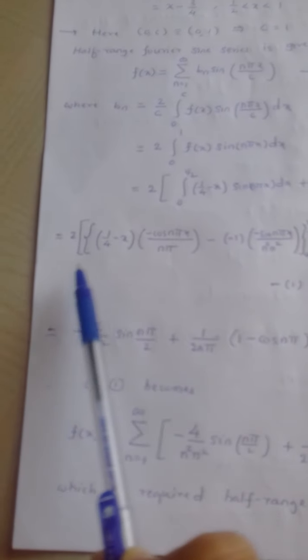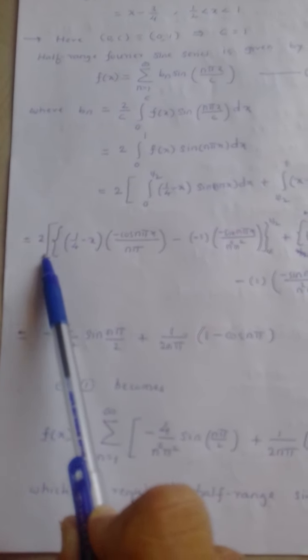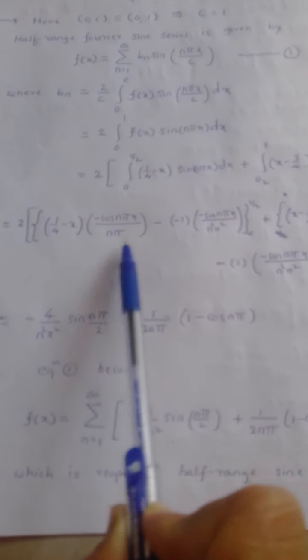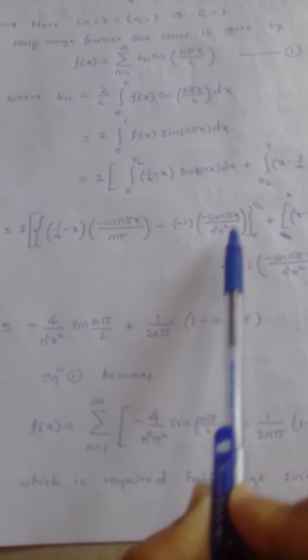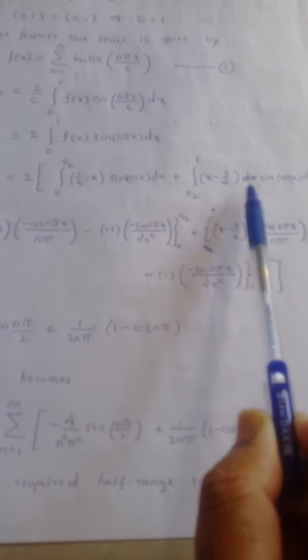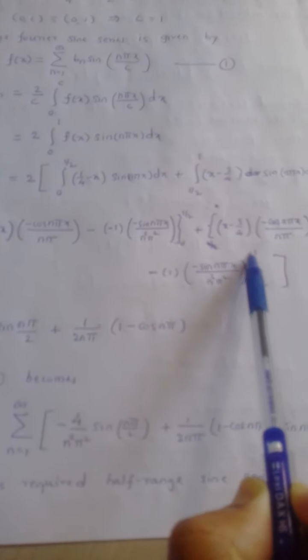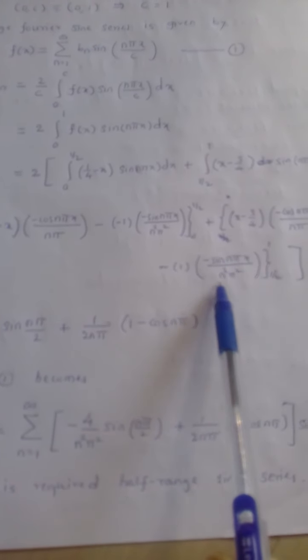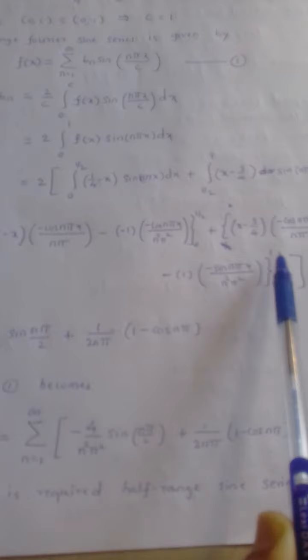Now see here, using again the generalized rule of by parts, 2 times 1 by 4 minus x, minus cos of n pi x upon n pi, minus minus 1 into minus sine of n pi x upon n square pi square, limits from 0 to 1 half, again plus by parts rule for the second term, it becomes x minus 3 by 4, minus cos of n pi x upon n pi, minus 1 into minus sine of n pi x upon n square pi square, limits from 1 half to 1.